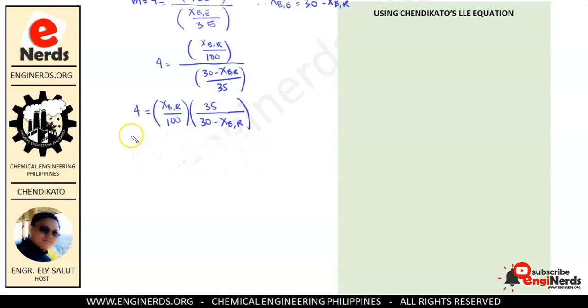So, I will have here 4 times 100 over 35 times 30 minus XBR is equal to XBR. Okay? And then 4 times 100 divided by 35, I will have here 11.4286 times 30 minus XBR is equal to XBR.